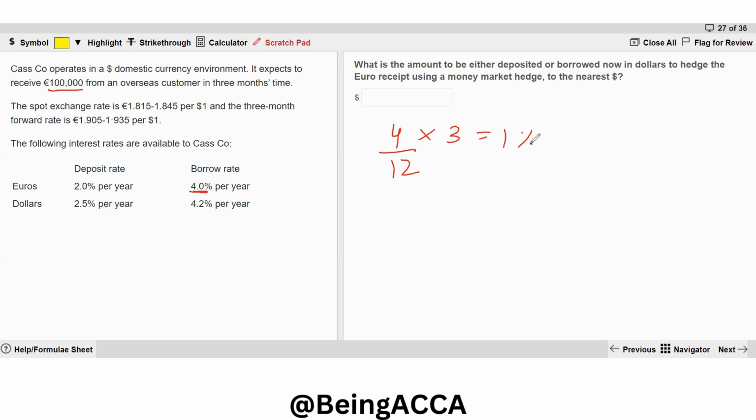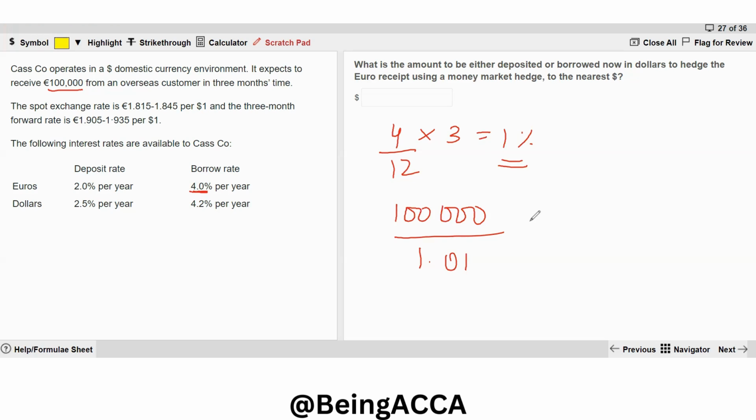And now I can find the number of euros that we should be borrowing now. The euros that we have to borrow now will become nothing but 100,000 divided by 1.01, because that is the interest rate that we just found out.